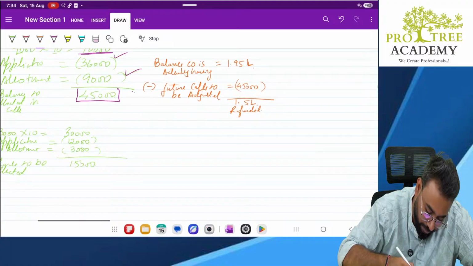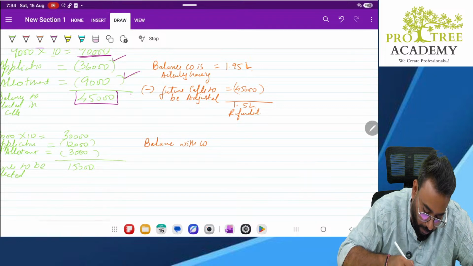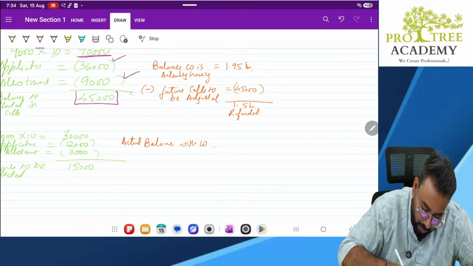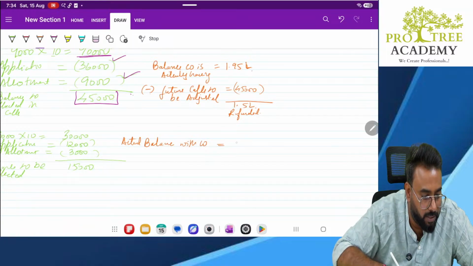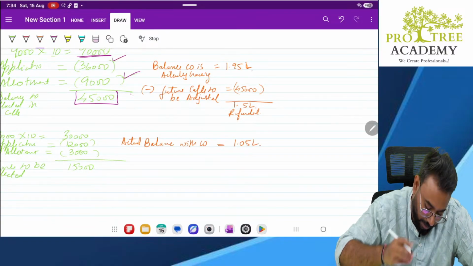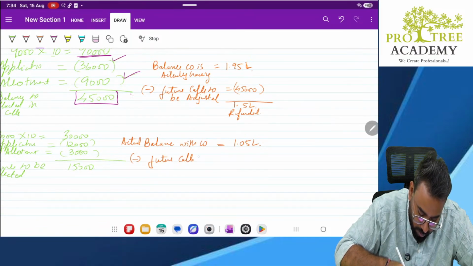Same thing here upon. Balance with company is equal to how much? 1.05 lakhs, no? 1.05 lakhs minus future calls to be adjusted.